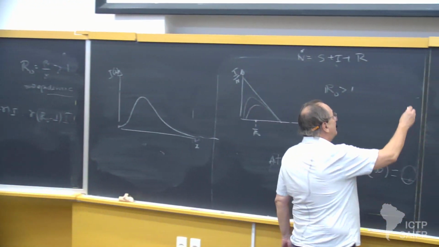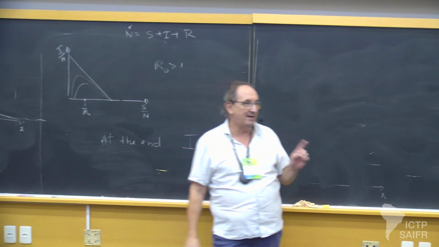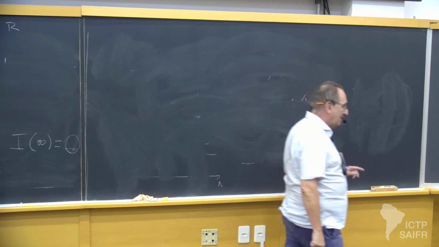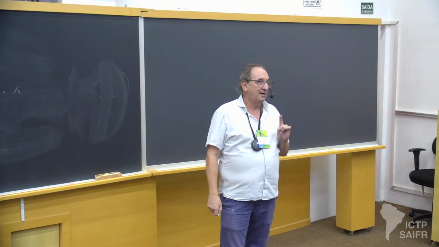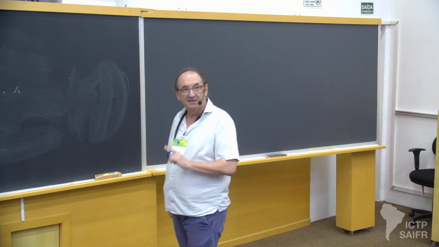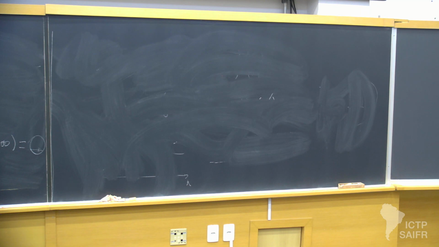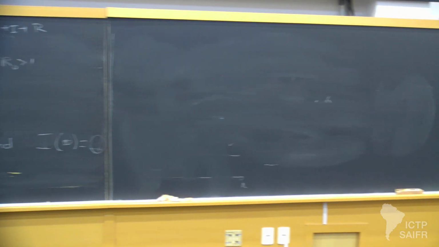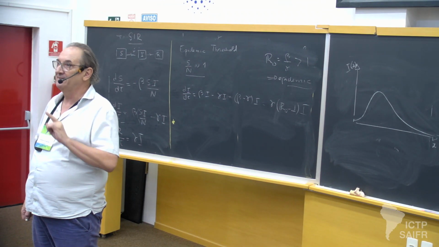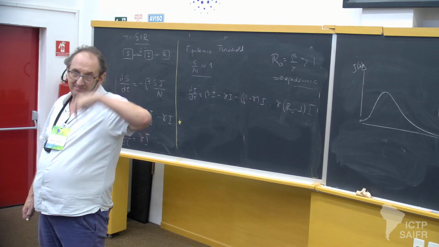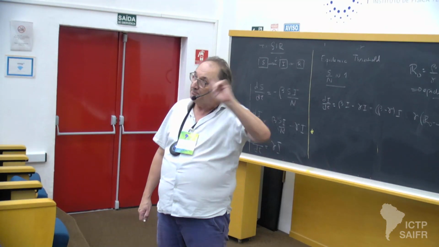The number of people that got infected in an epidemic is called the total size of the epidemic. I can rephrase my question: in this SIR model, is the total size of the epidemic equal to N or smaller than N? If it's equal to N, everybody got infected. If it's smaller than N, then some people escaped it.